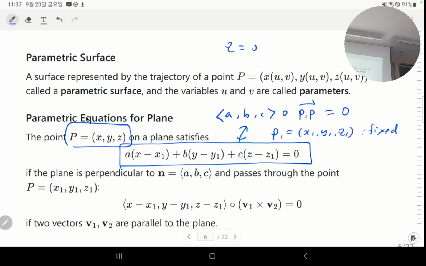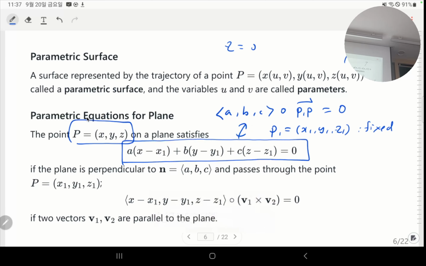So what does that mean? ABC is a three-dimensional vector. Let's say this is our ABC, and P and P1 are somewhere here. And I took the position vector from P1 to P. So it says these two vectors have inner product 0. It means they are perpendicular, right?